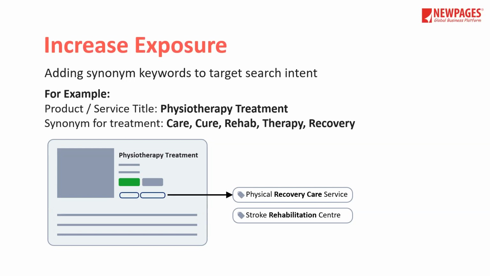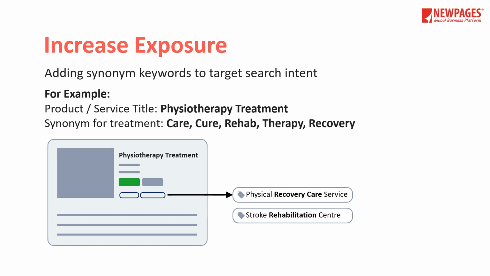So here I give you an example. Instead of reusing the same keywords that you constructed for your product title, perhaps you can use different keywords. In this case, instead of physiotherapy, I use physical, recovery, followed by care and service.